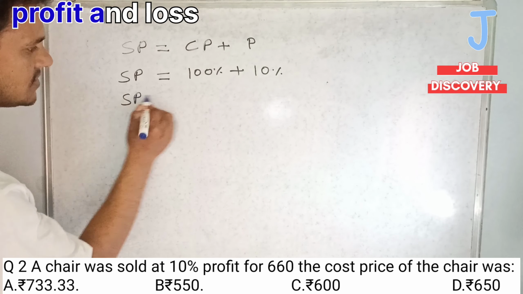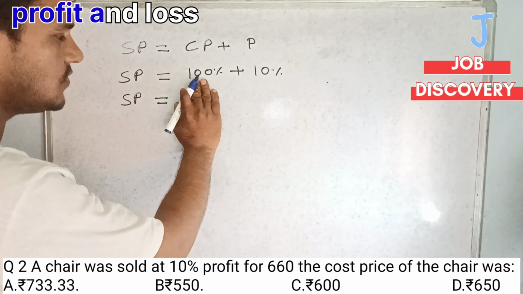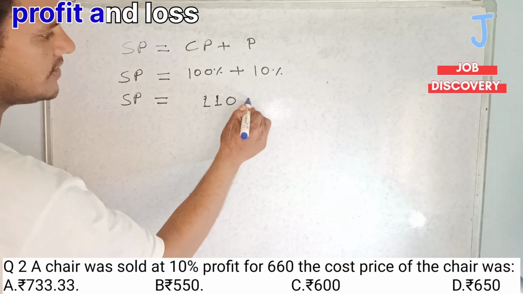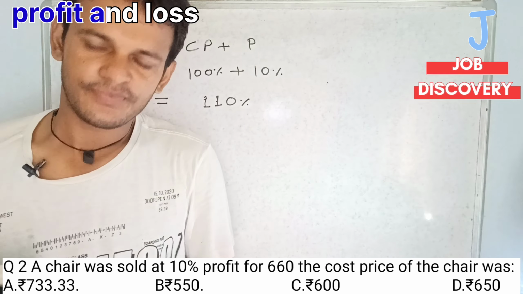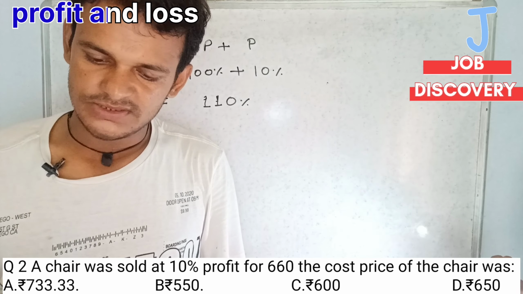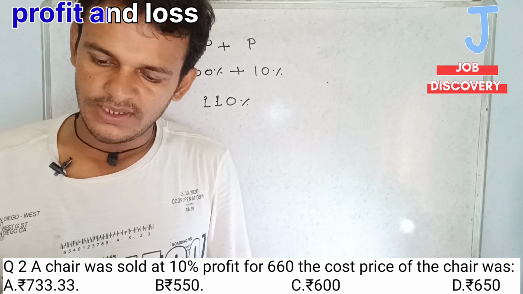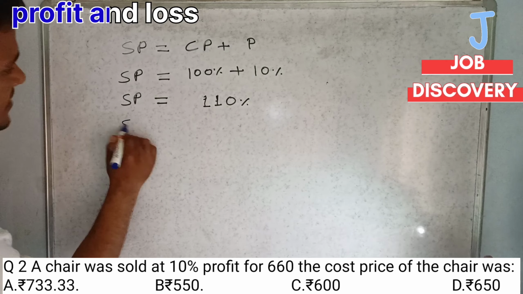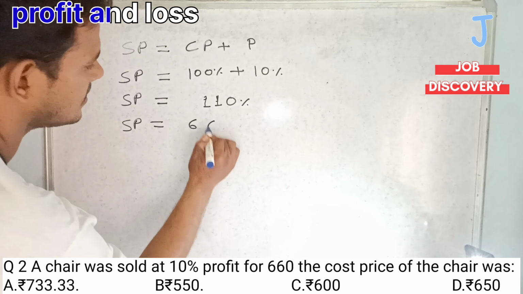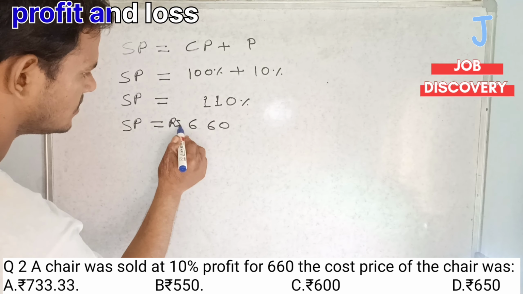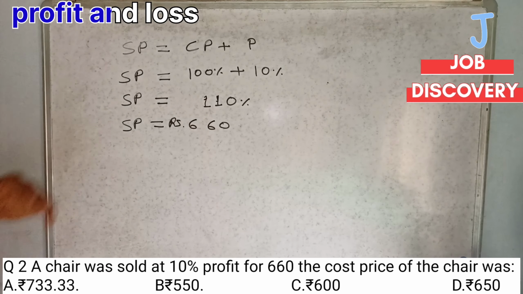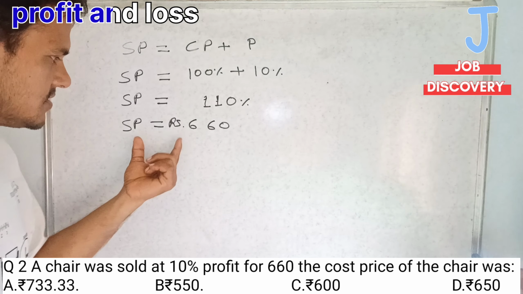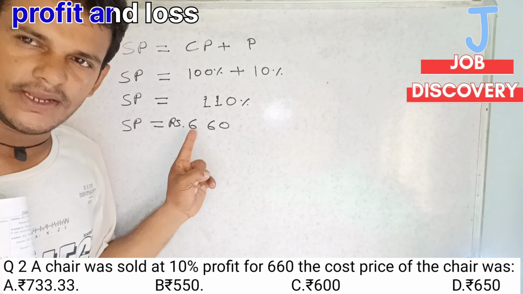So selling price is equal to 100% plus 10%, which is 110%, right? In the question, a chair was sold at 10% profit for rupees 660. So selling price is given 660 rupees, right? In percent, selling price is 110, but in rupees, selling price is equal to 660.